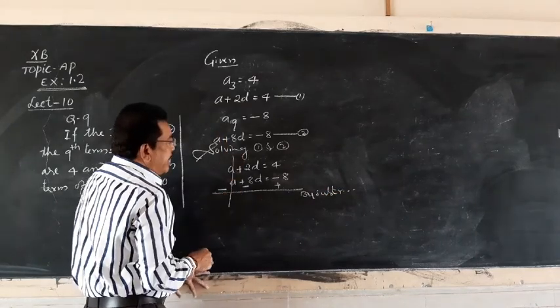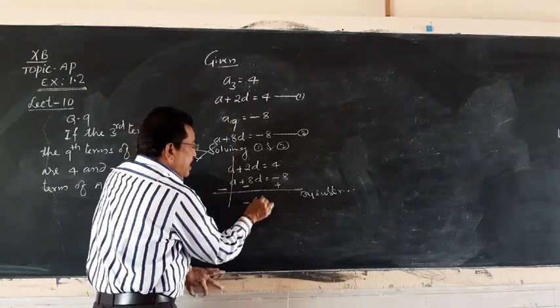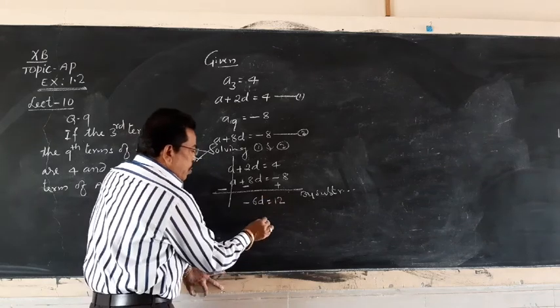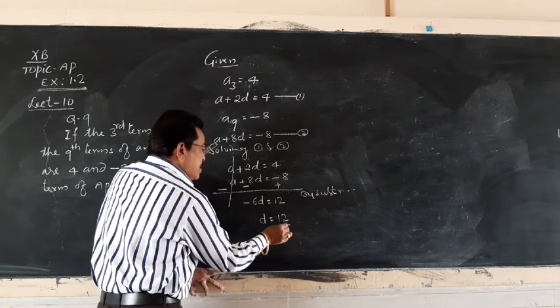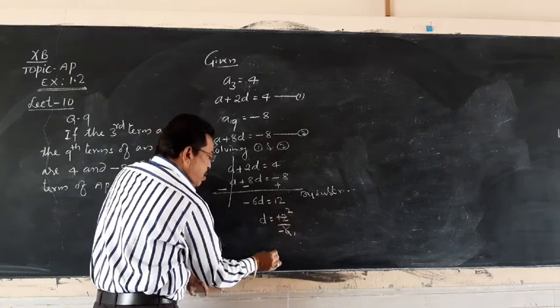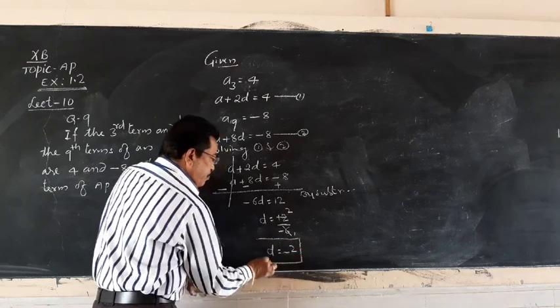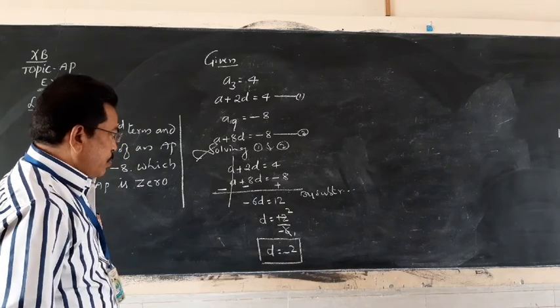Plus A minus A gets cancelled. That is minus 6D equals 12. So D equals 12 by minus 6. 6 ones are 6, twos are 12. D equals minus 2.